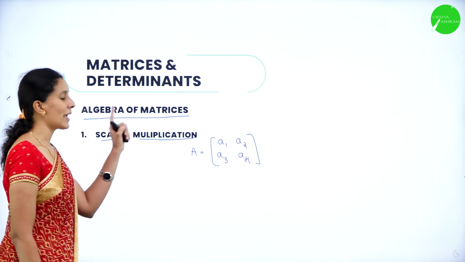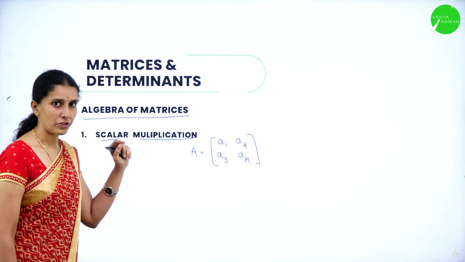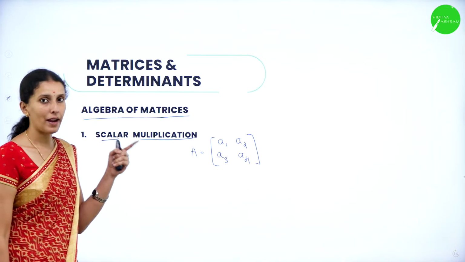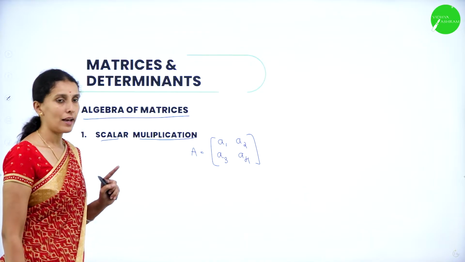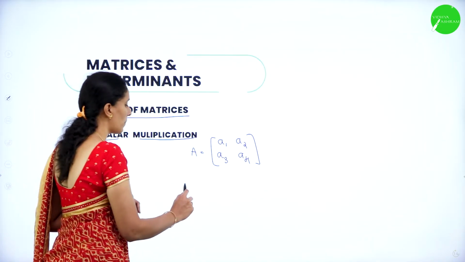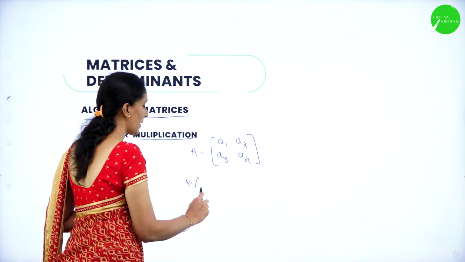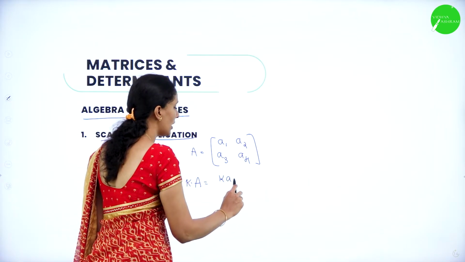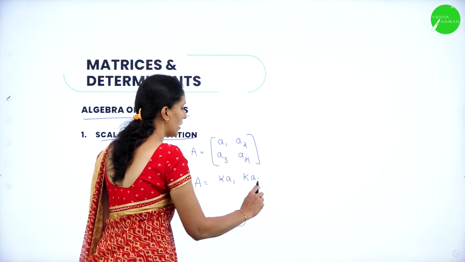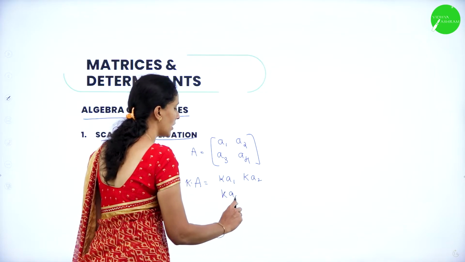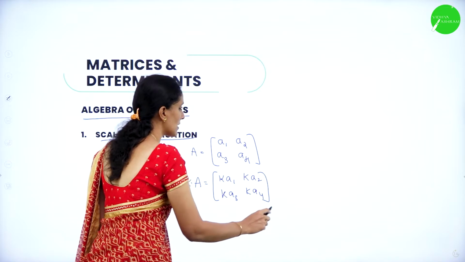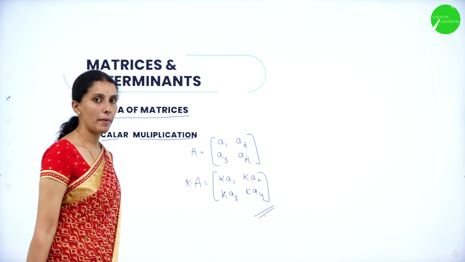If you are multiplying any scalar quantity to matrix A, then you have to multiply each element inside the matrix by the scalar quantity. Suppose I am multiplying k with A, then you have to multiply it to each and every element: ka1, ka2, ka3, ka4. This is nothing but the scalar multiplication of a matrix.